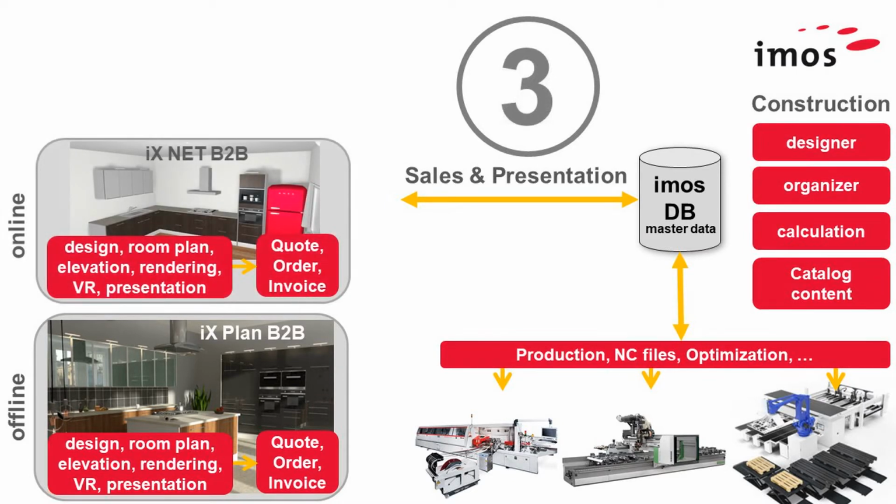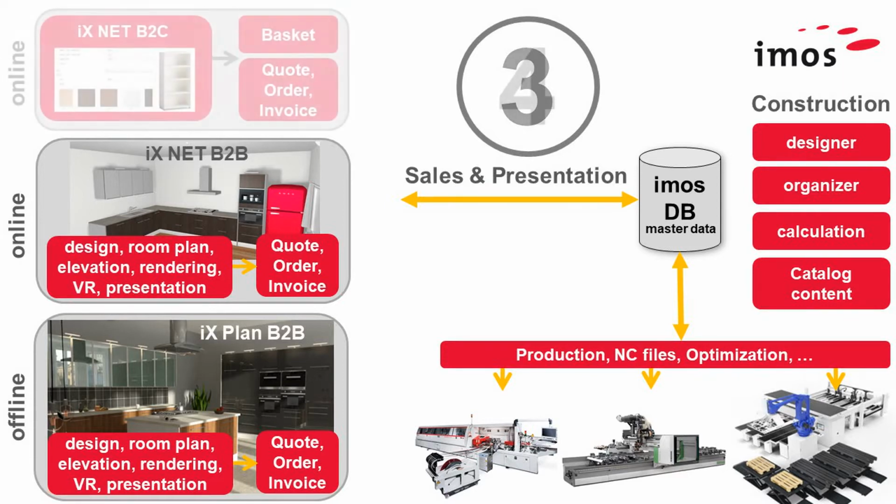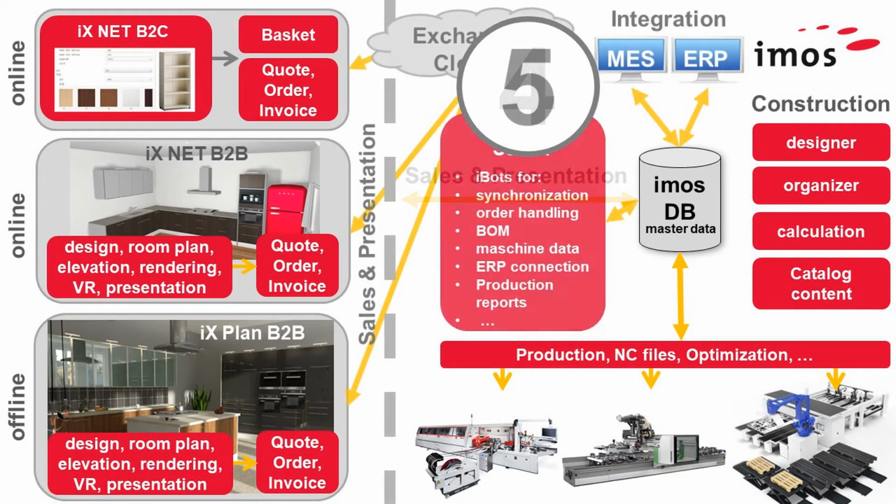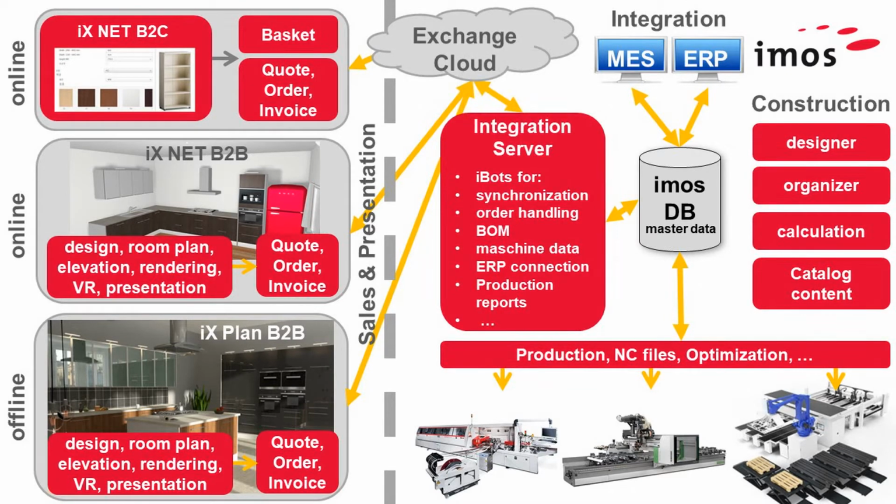Step 3 will be the online option for B2B business. Step 4 is an online B2C solution. And finally, in step 5, we will have a look at how this can be integrated automatically in your processes via an integration server.